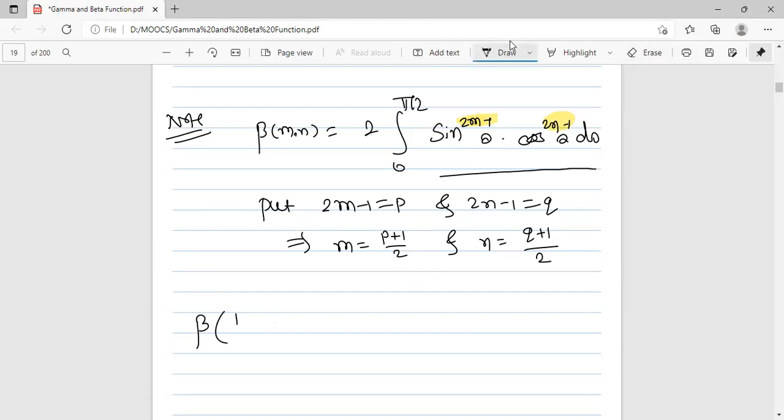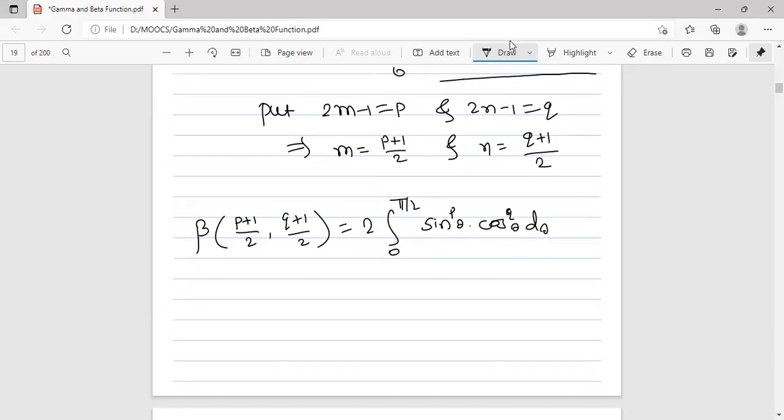What is m? p plus 1 divided by 2, q plus 1 divided by 2, which is equal to 2 into integration 0 to pi by 2 sine raised to power p theta cos raised to power q theta d theta.